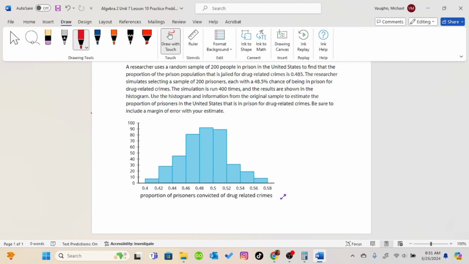The simulation is run 400 times and the results are shown in the histogram. Use the histogram and information from the original sample to estimate the proportion of prisoners in the United States that is in prison for drug-related crimes. Be sure to include a margin of error with your estimate.